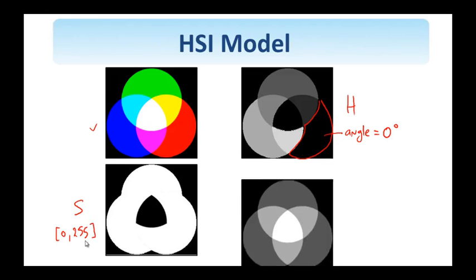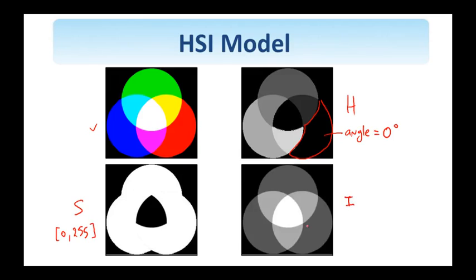And finally, here we see the I component, the intensity values, which are 1/3 of the sum of the R, G, and B values. So with a model like this, one can manipulate directly and independently the H, S, or I component, and this way one can change the individual colors.